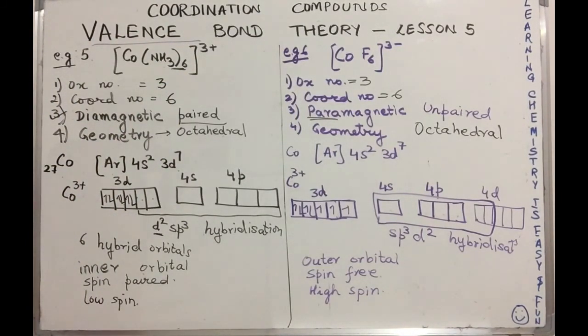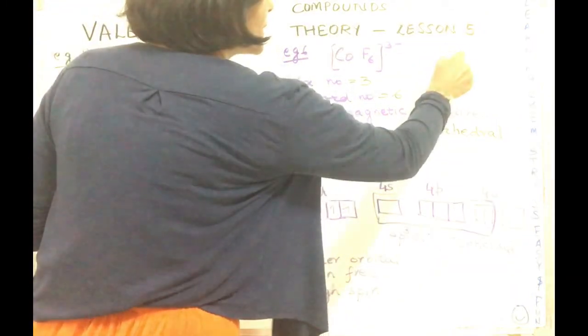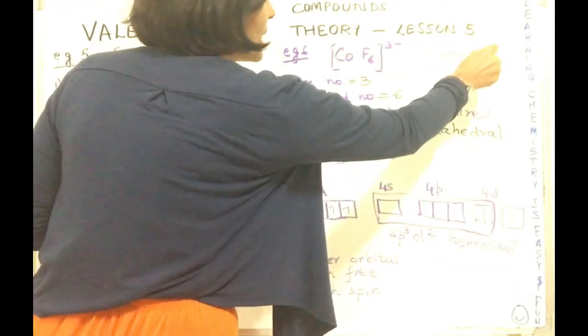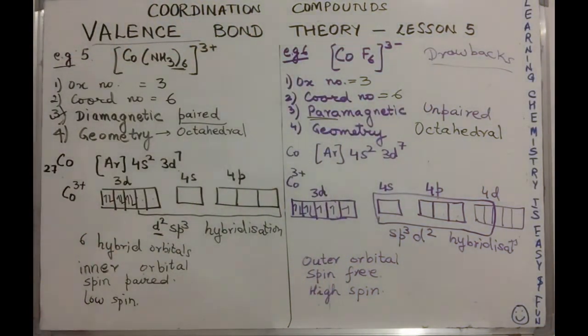It is not able to predict the geometry. It is not able to predict the magnetic behavior, right? Then there is no talk about color as well, right? So if we are talking about the drawbacks of valence bond theory, it's not making any mention.